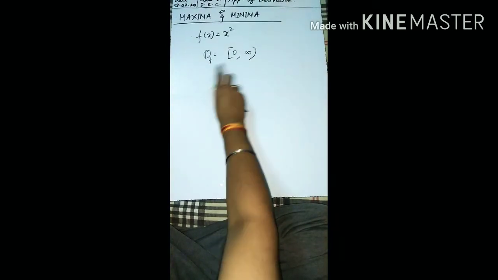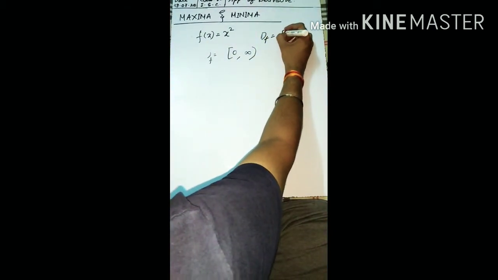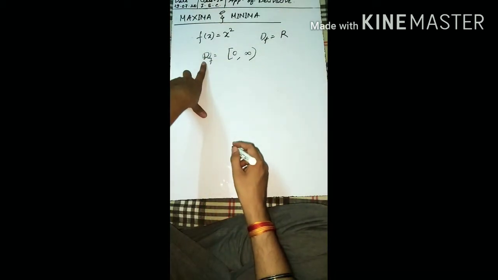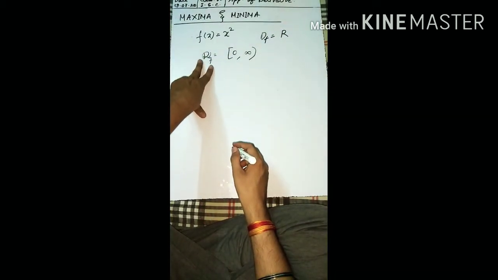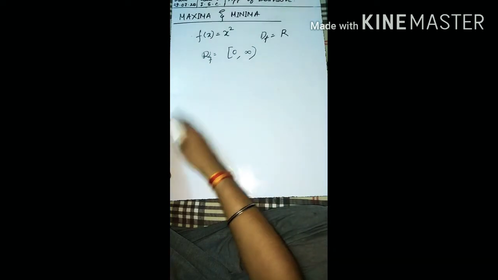See, the domain will accept the whole real number, but this that I wrote is the range. It should be the range, not the domain, because the domain can accept positive and negative, the whole real number.